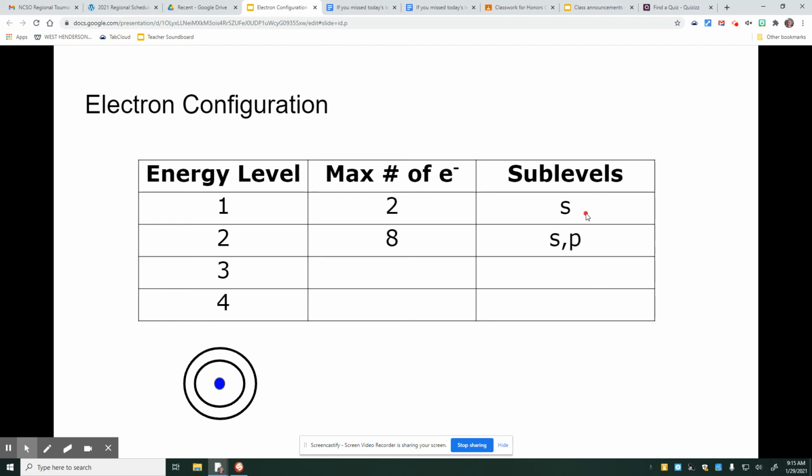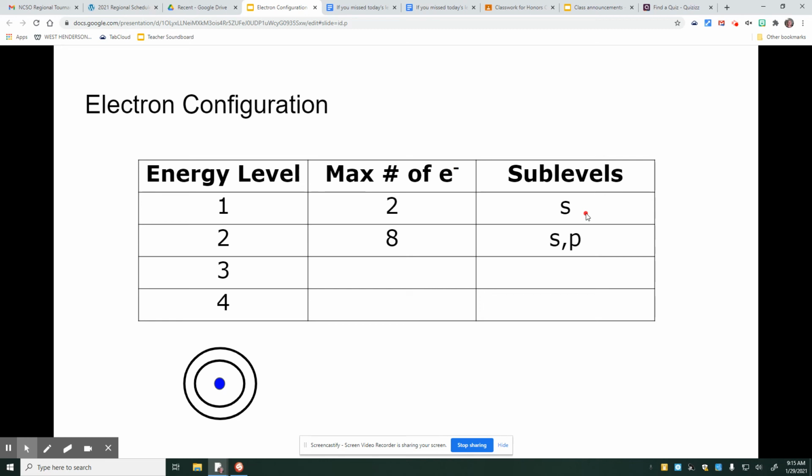Energy level 2, the second one out from the nucleus, can hold a maximum of 8 electrons. The second energy level has its own S sublevel, so another sphere much larger than the first one. And it also has a P sublevel, which is that dumbbell shape.